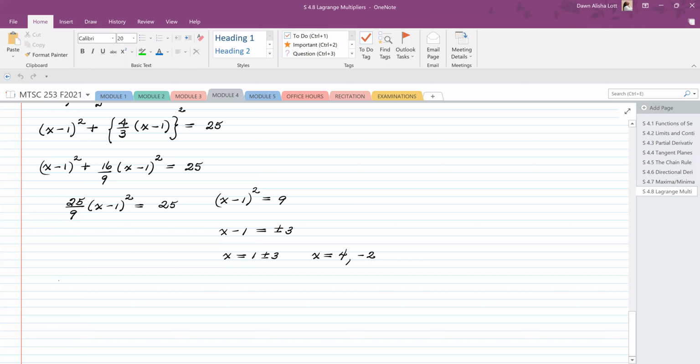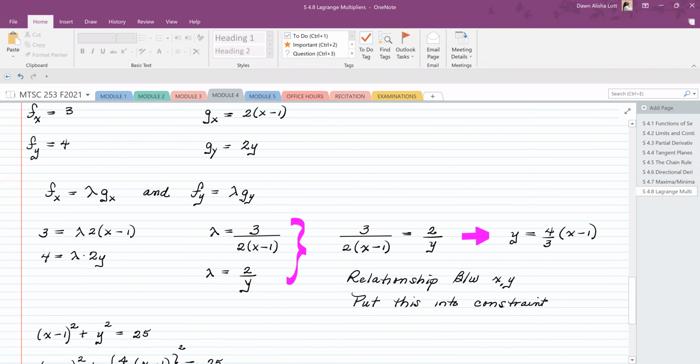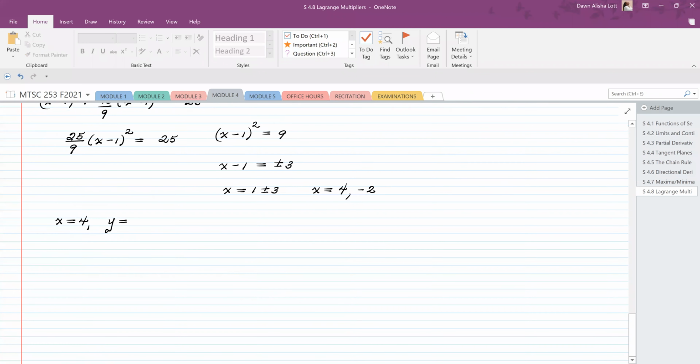Okay, so if x is 4, y is 4/3 times x minus 1, which is 4/3 times 3, which is 4.